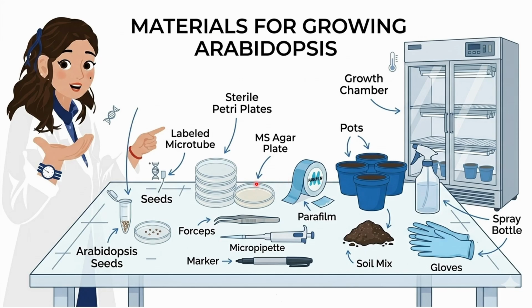For soil grown plants, we generally use a mix of sphagnum peat moss and vermiculite. This ensures proper aeration and moisture retention. Why do you think this matters? It is because consistency in the growth media is the first step towards reproducibility. If your soil varies, your phenotypic data will also vary. So it is important.